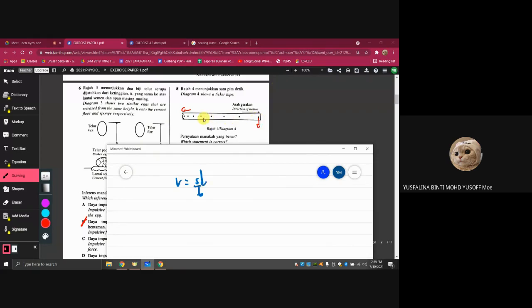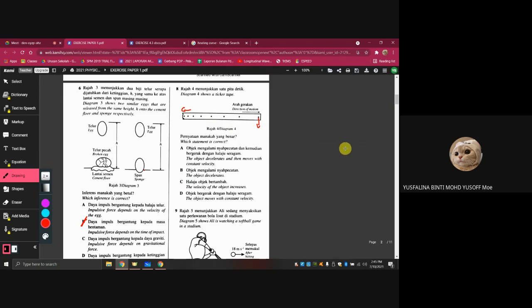When S decreases, the velocity also decreases. Velocity decreasing means deceleration, so the object decelerates. After some time, does the distance become the same? No, right? It just keeps decreasing. There is no constant distance. So the answer should be that the object decelerates.